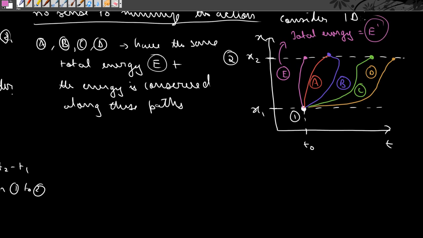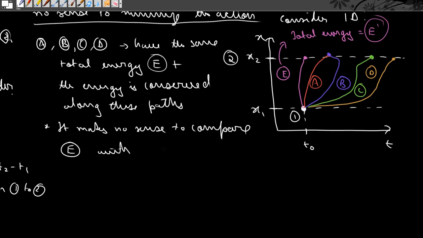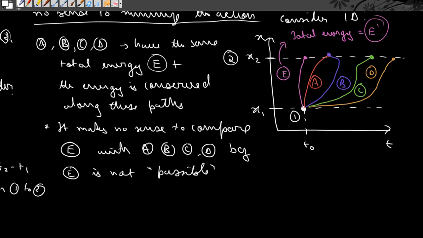But we already know that the system has the energy E. So it makes no sense to compare path E with A, B, C, D, because E is not possible. Even though it ends at x2 and we don't know how much time it takes, the fact that it has the energy E dash makes this path not possible.